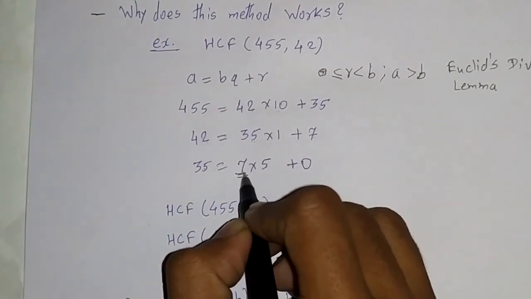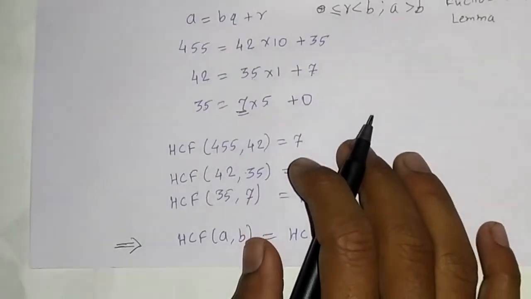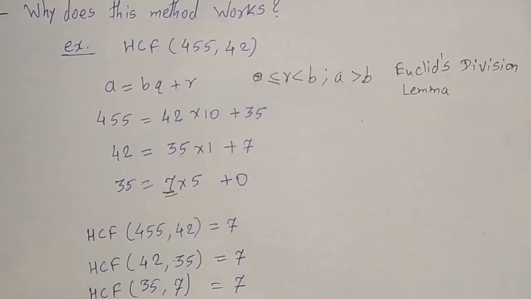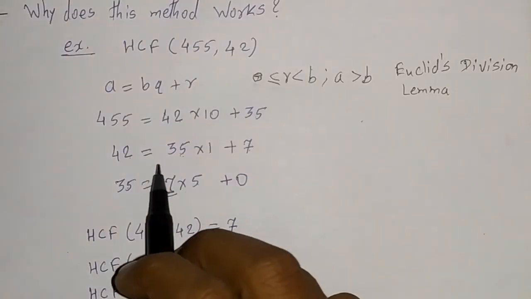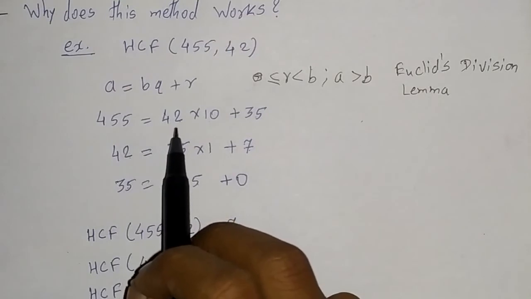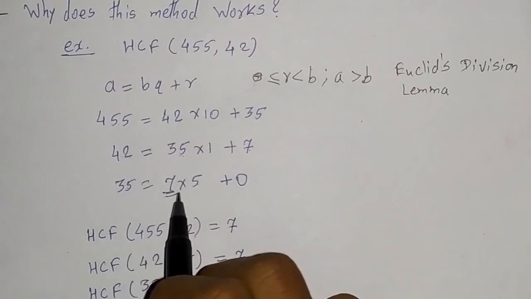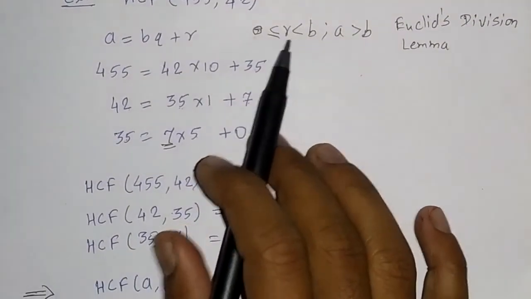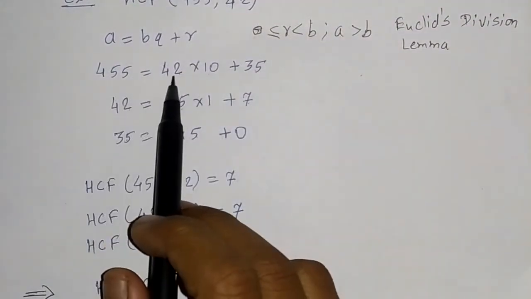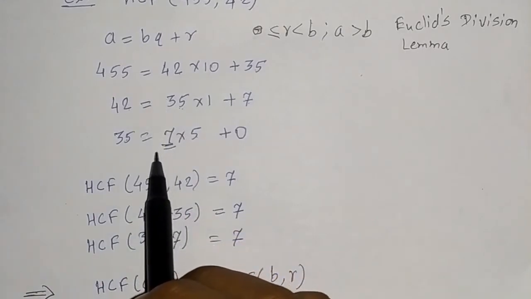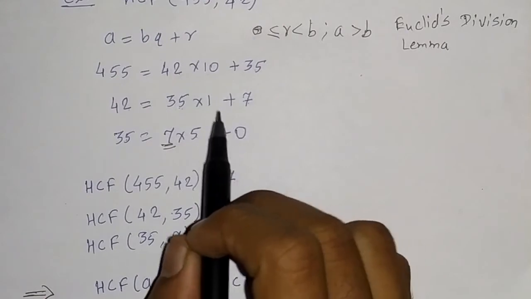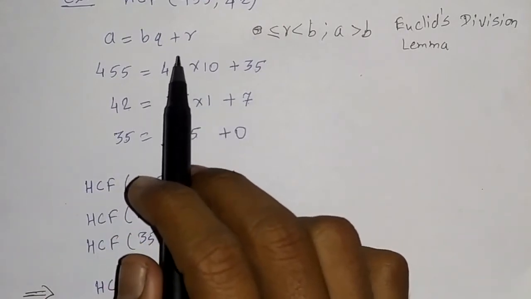HCF is 7. So why do we get the HCF by using this method? Once you focus on dividend and divisor in each step, you will understand that HCF of dividend and divisor in each step is constant. This is the basic principle behind the success of Euclid's theorem.